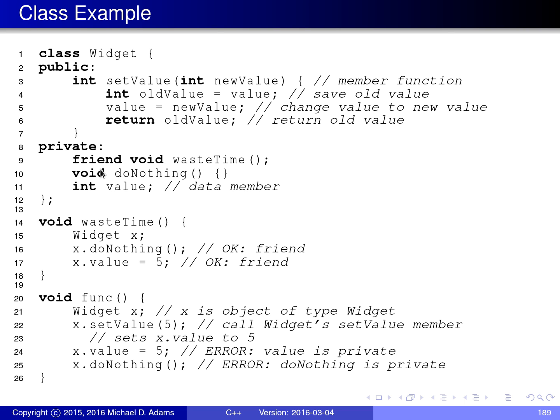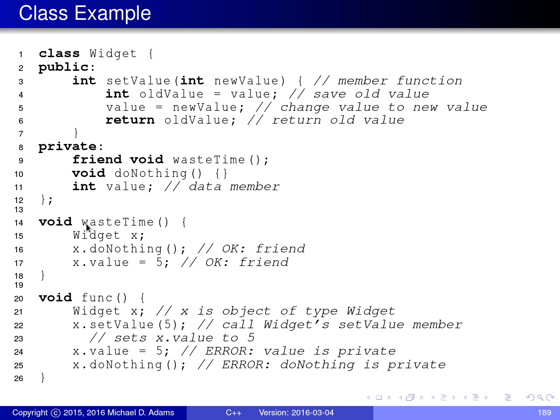Now the class widget declares a function as a friend. So the function called wastetime that takes no parameters and returns void is a friend of the widget class. So the function wastetime has full access to all the members of this class, not just the public members, but the private members as well.